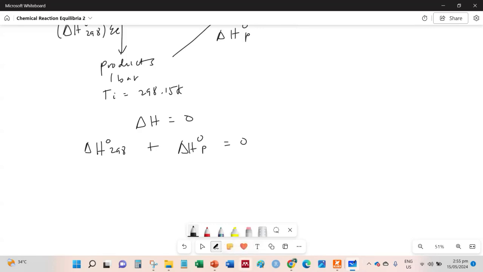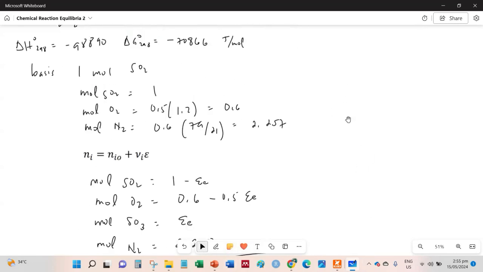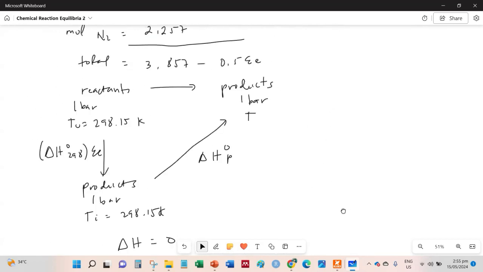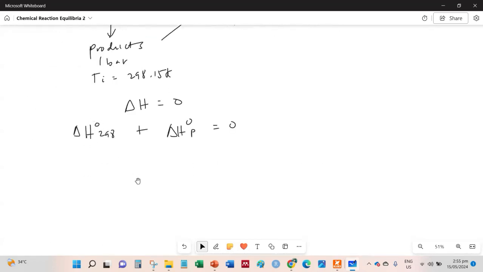Next, this value we calculated earlier, so I leave it up to you to calculate it from the heats of formation. So this is the one. But what about delta H sensible heat? It can come from the mean CP.